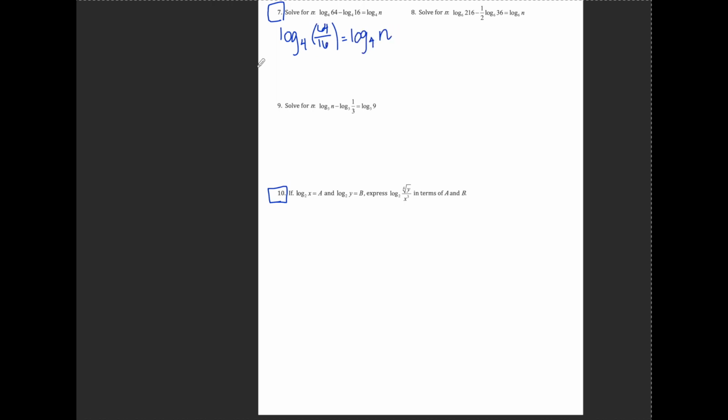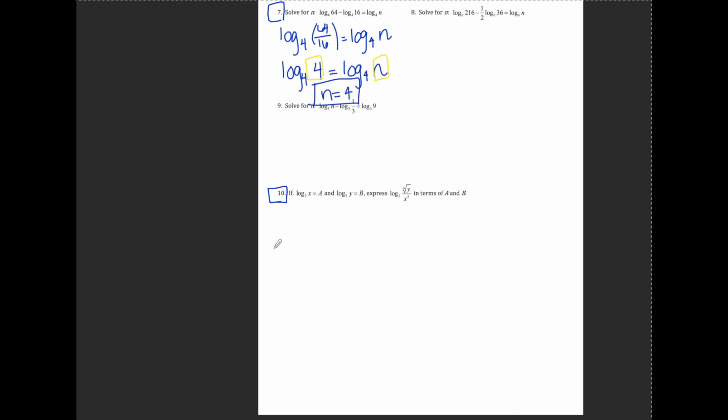I know that 64 divided by 16 is 4. And if I have log base 4 of 4 on the left side equal to log base 4 of n on the right side, I can really just match these up, right? The 4 and the n are in the same spot. So that means that n is just equal to 4.